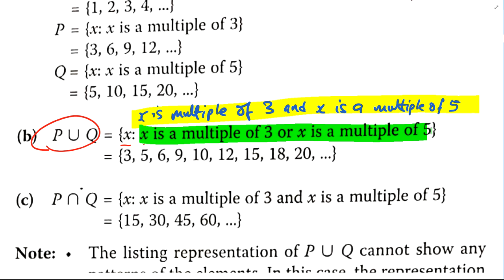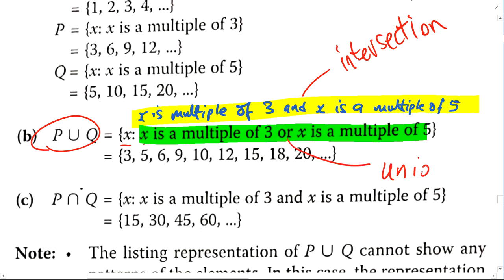So 'and' is intersection. Then the green one, 'or', is union. Is this an important difference? Yes, it is very important. Sometimes in the question, they will use words like this, 'and', 'or', and you are supposed to be able to interpret it. So be very careful of what you use.